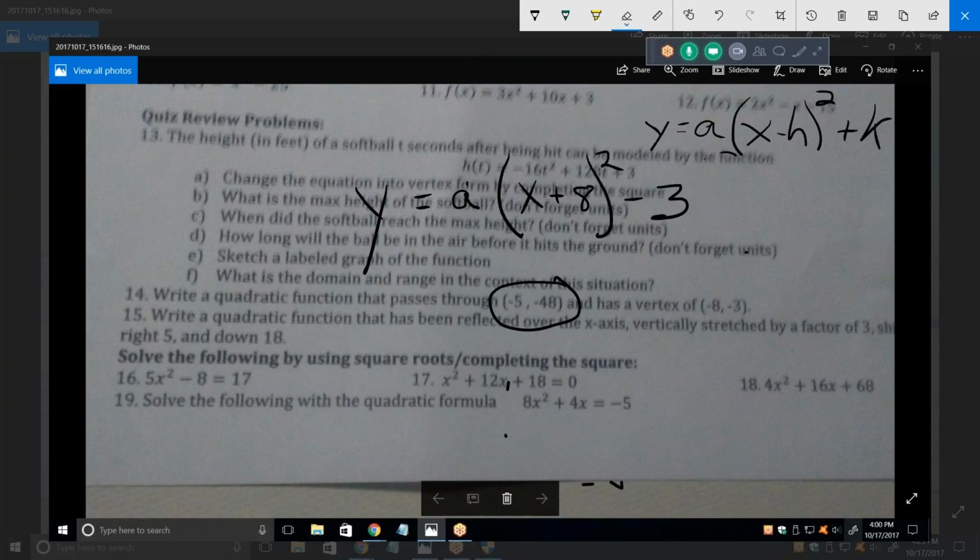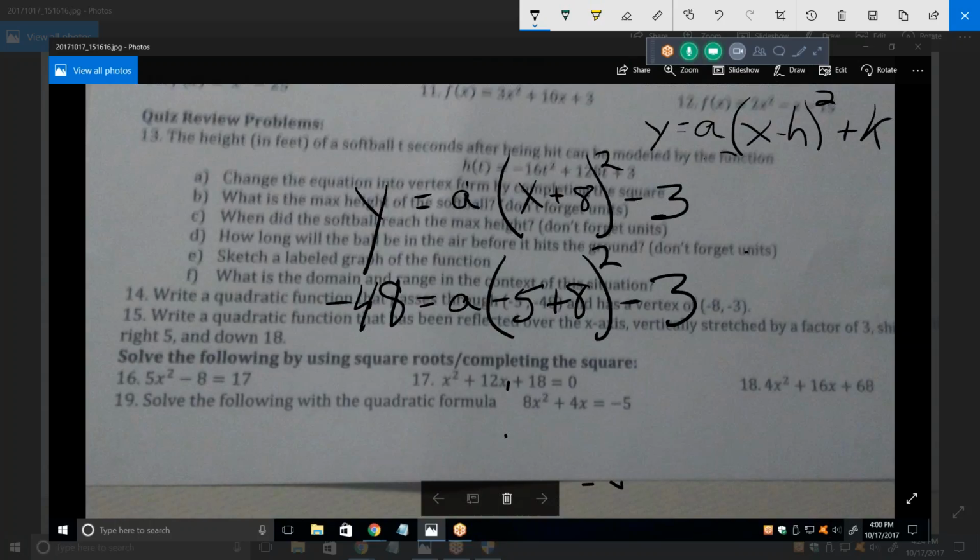So plug it in. Okay. So negative 48 equals a times negative 5 plus 8 squared, minus 3.